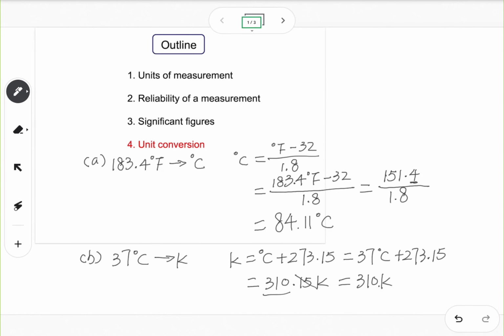You move the decimal point to the left twice, so that will be 3.10 times 10 to the second Kelvin. So this is the unit conversion among temperature units.